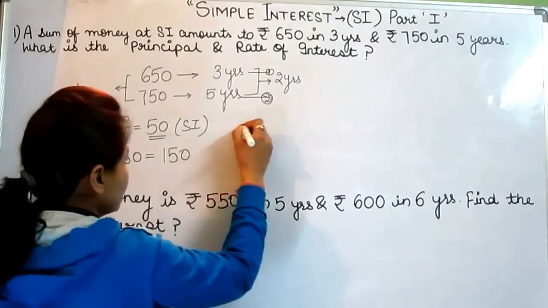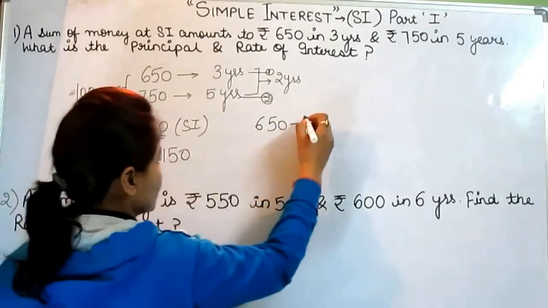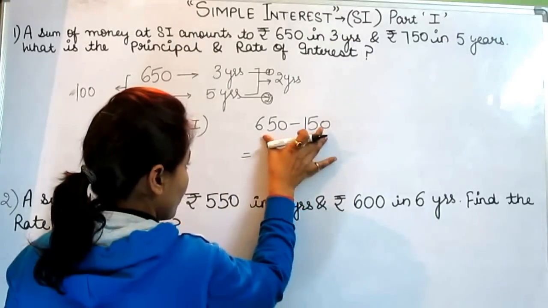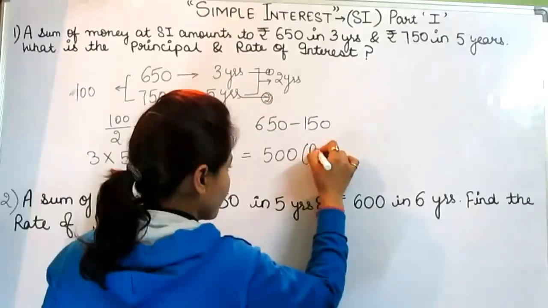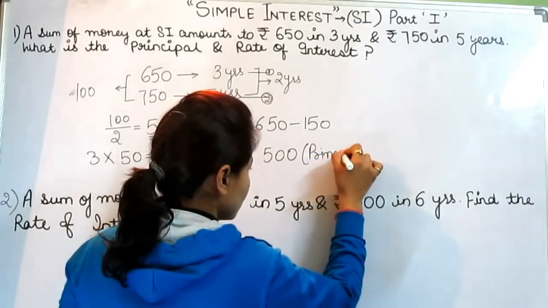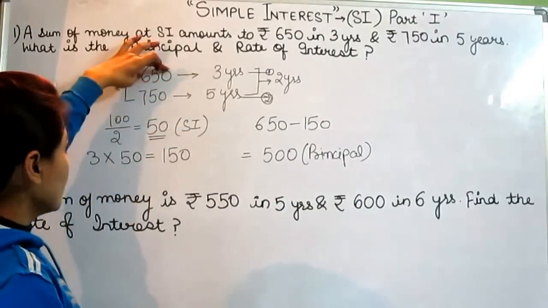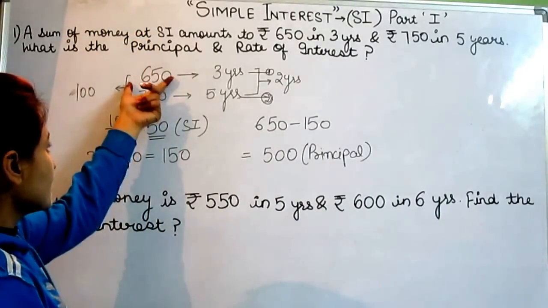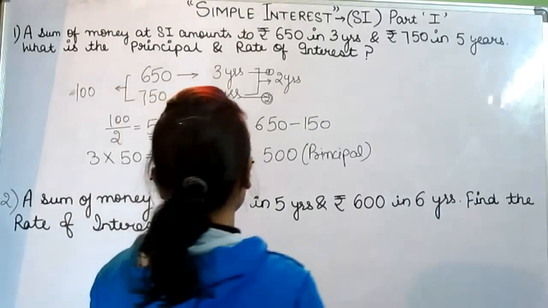So 650 minus this simple interest is equal to, when we subtract these, we get 500 and this is our principal.